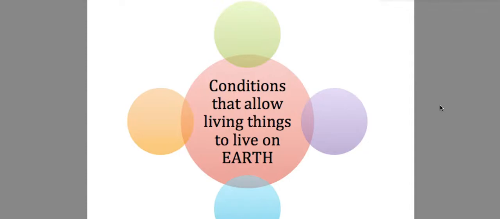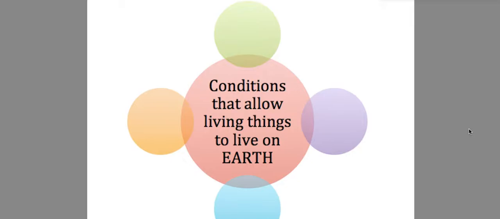Before I start talking about the planets, each by its own, we all know that there is no life except on Earth, which is one of the planets in the solar system. But I want to ask you, what are the conditions that allow living things to live on Earth? So what is so special in Earth that allows the living things to live there?